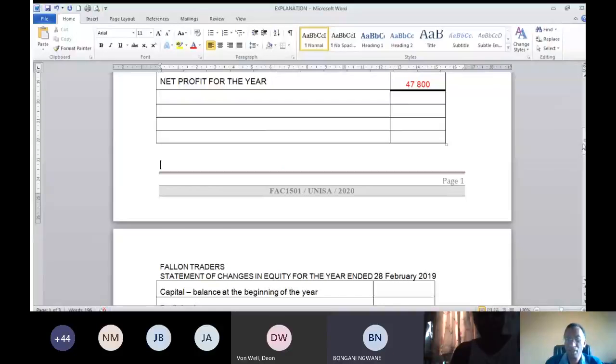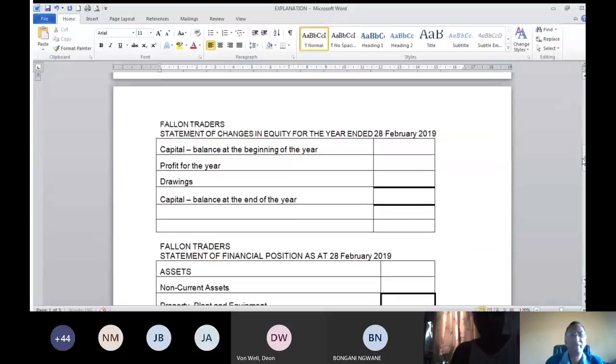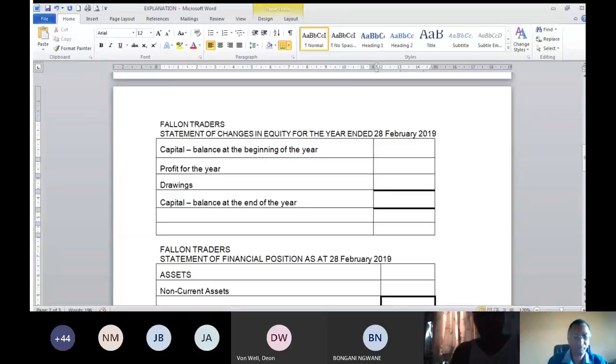Right, on this statement now, guys, I will have the capital balance at the beginning of the year. Now, there is no information to tell us that the capital has changed during the course of the year. So the capital balance at the beginning of the year and the capital balance at the end of the year is the same amount.